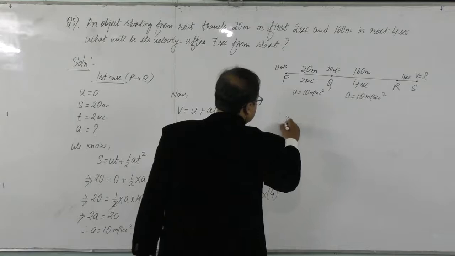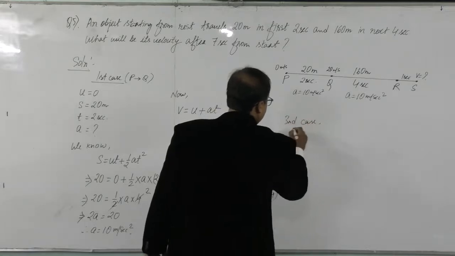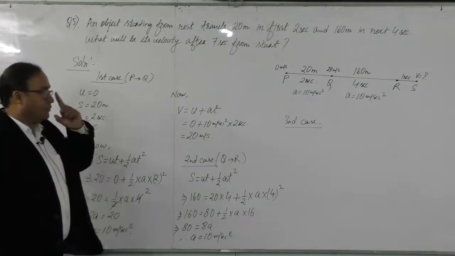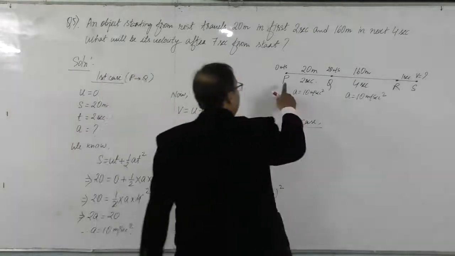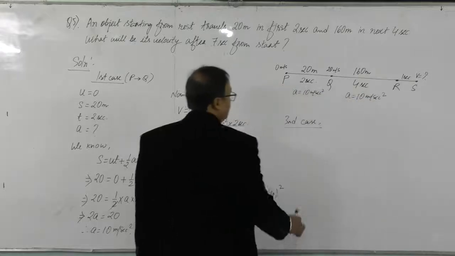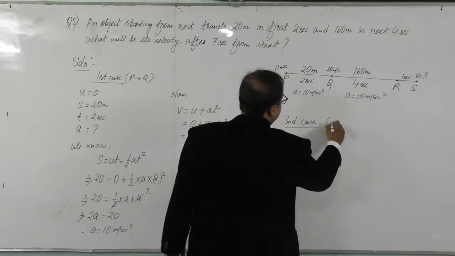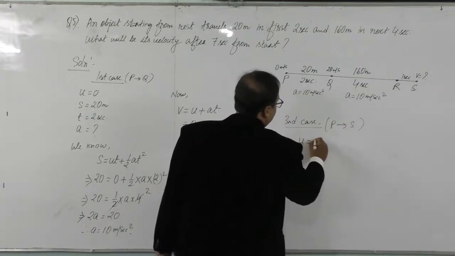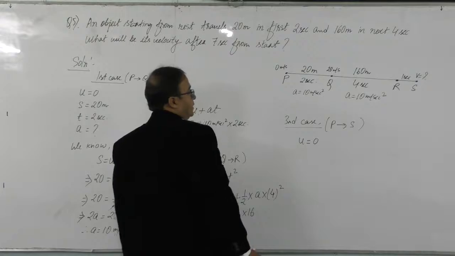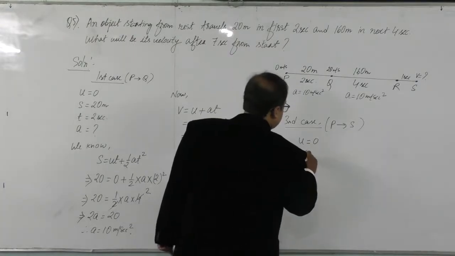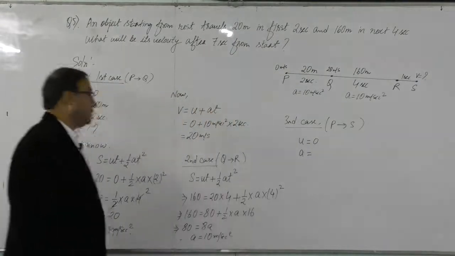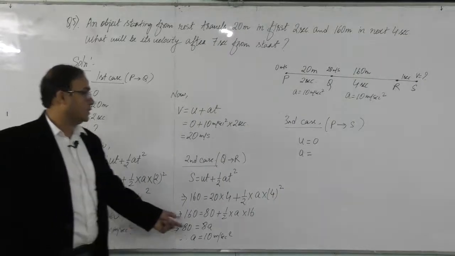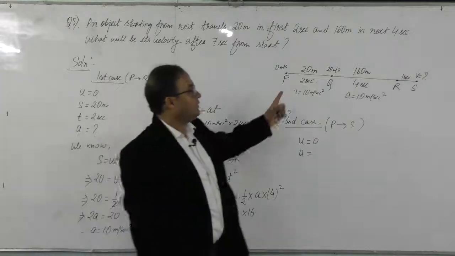Now the third case. I have to find out the velocity at point S, and I can consider the entire motion now. For the third case, we can consider from P to S. So here U will be 0. I have to find out V and acceleration. As we have seen, the body is moving under uniform acceleration, so the same acceleration will be used in the third case.